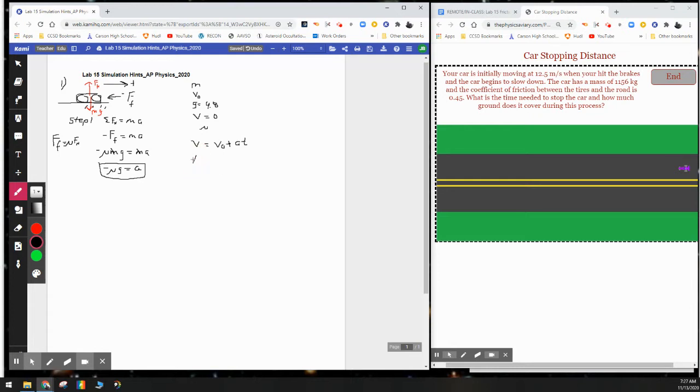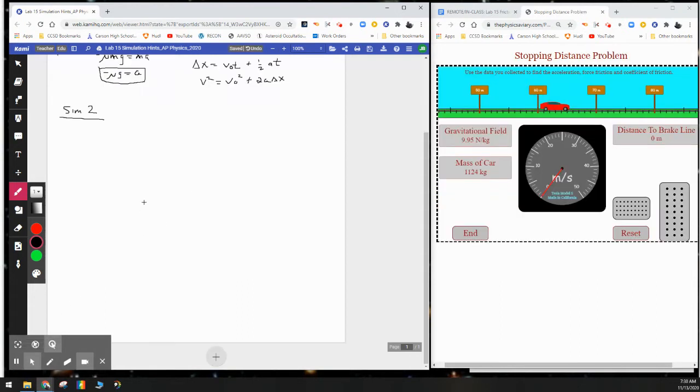We could use delta x equals v0 t plus 1/2 a t squared. Or we could use v squared equals v0 squared plus 2a delta x. Whichever you like, you're free to use either one. So that's some hints on how to do simulation number one.